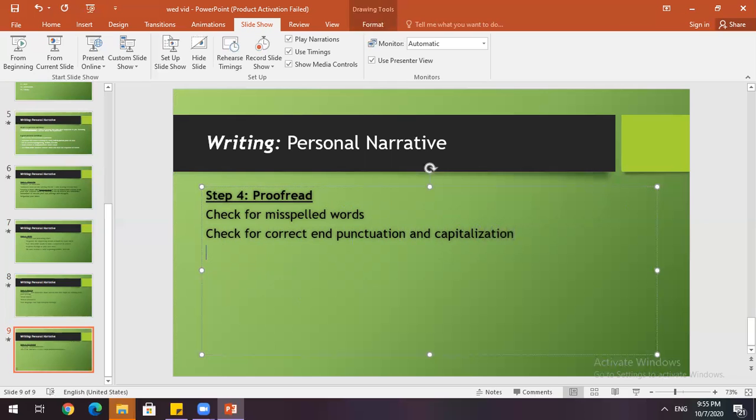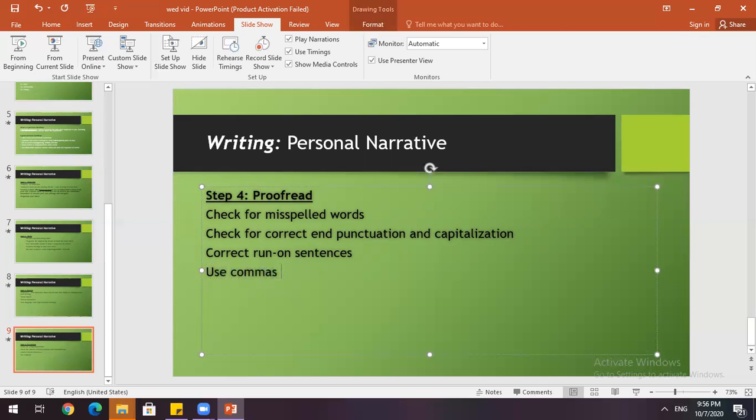Make sure we are capitalizing proper nouns. Correct run-on sentences. How do we correct these? We have two ways. Either we split the sentences, form two separate simple sentences, or we can write a compound sentence. And finally, use commas correctly.